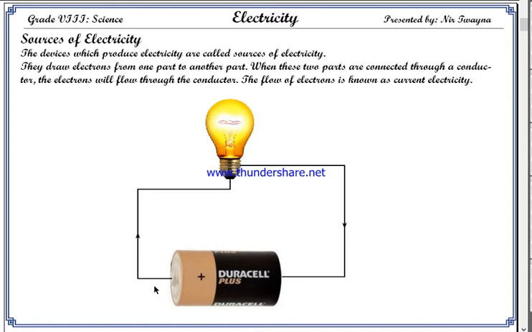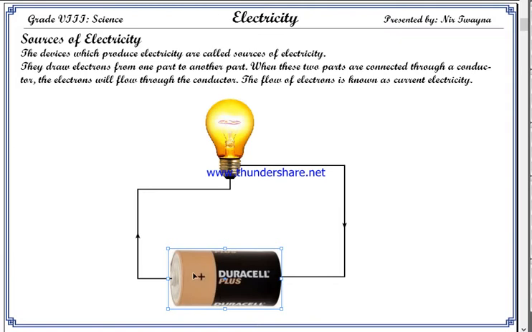Okay, and in such sources of electricity, by some process they draw electrons from one part to another part. Like in this battery, a chemical reaction takes place which transfers electrons from this part, basically the graphite, to this part.